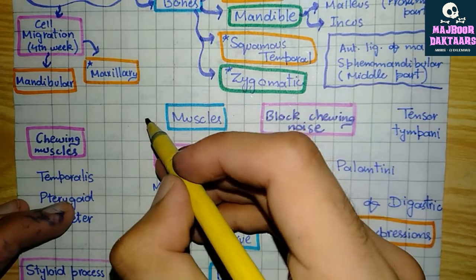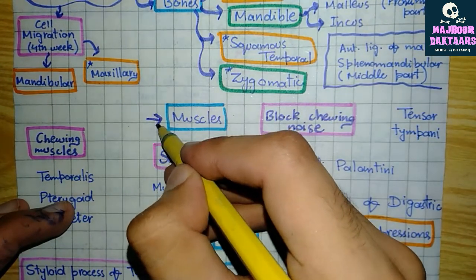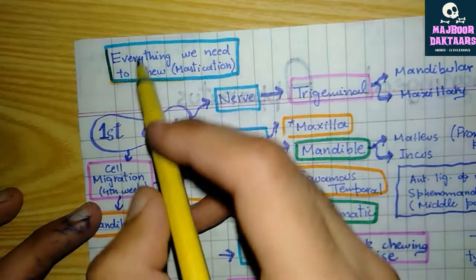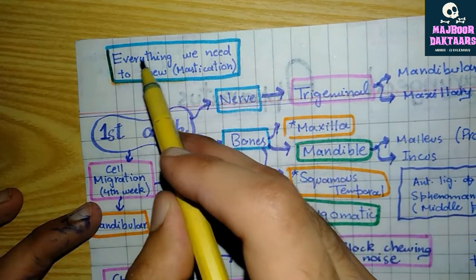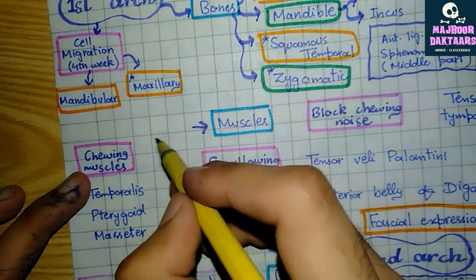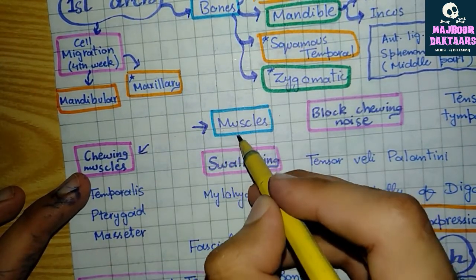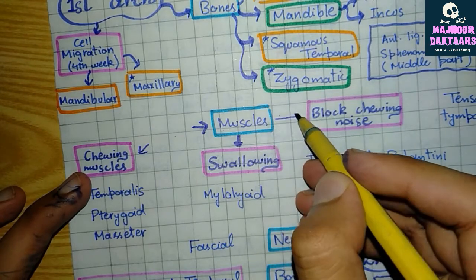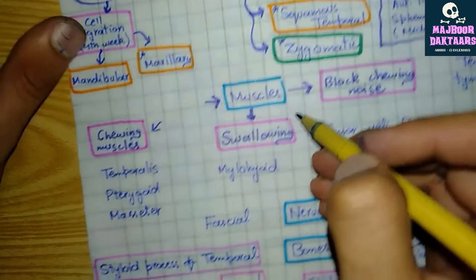Next, the muscles of the first pharyngeal arch. Since the first pharyngeal arch is related to everything we need for chewing, mastication, the muscles include the chewing muscles, the swallowing muscles, and the muscle to block the chewing noise.